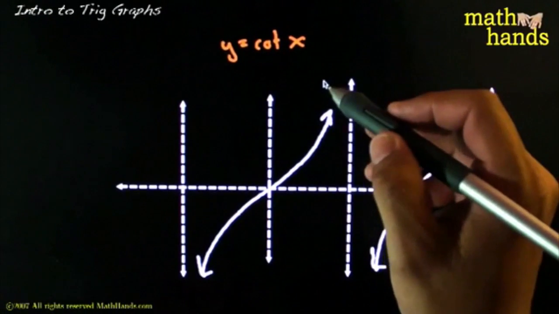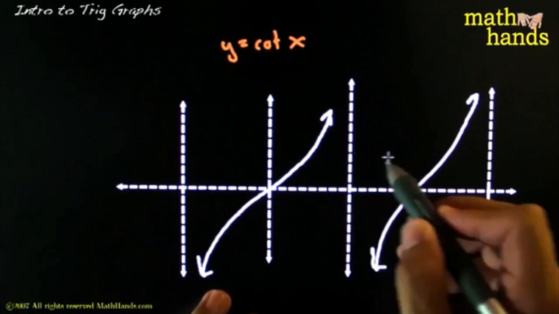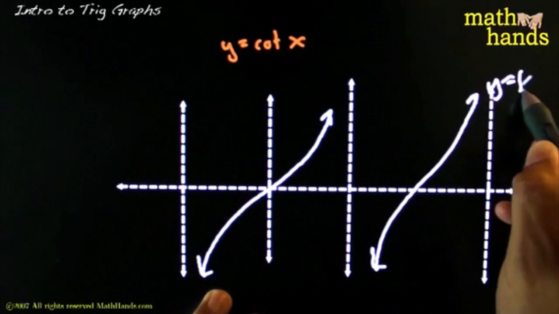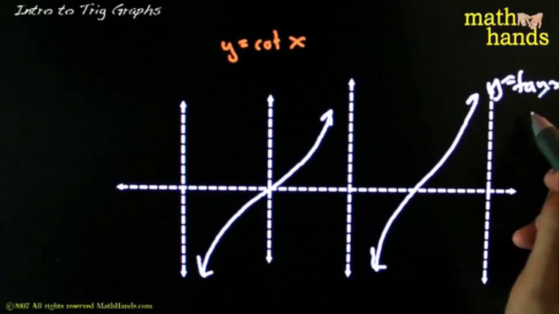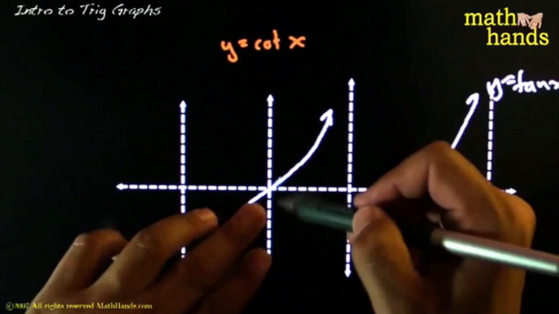For the cotangent, I drew the tangent graph here. This one is y equals tangent of x. And what you've got to do is invert this one. The cotangent is an inverted tangent. So here's what happens.